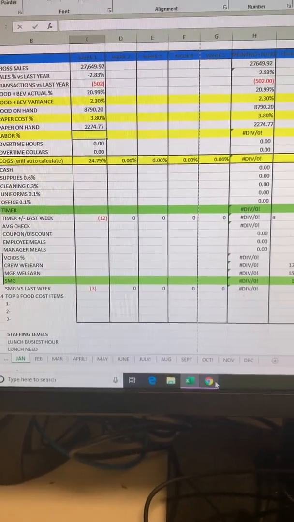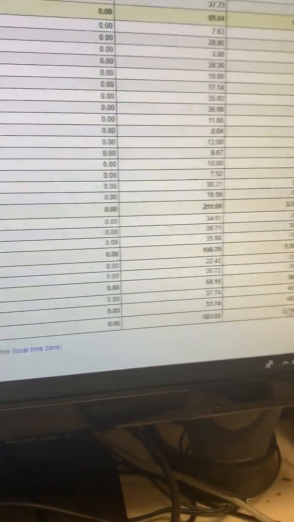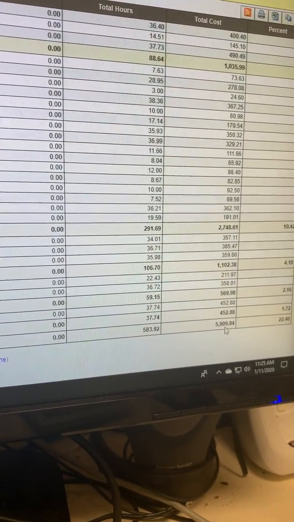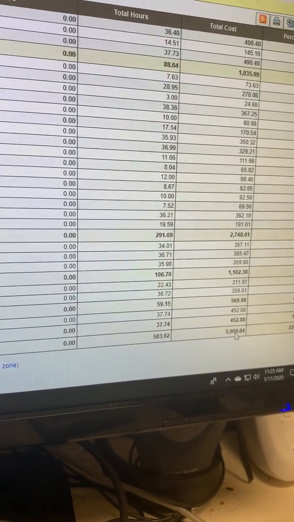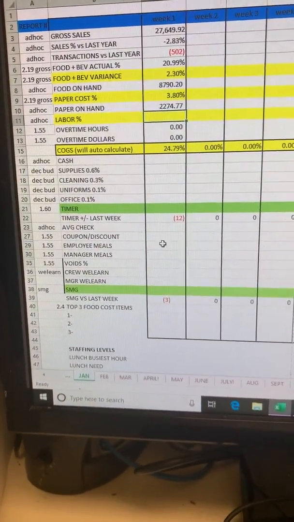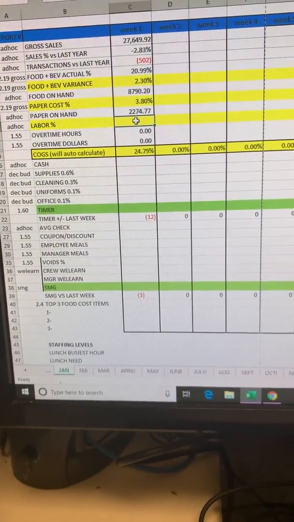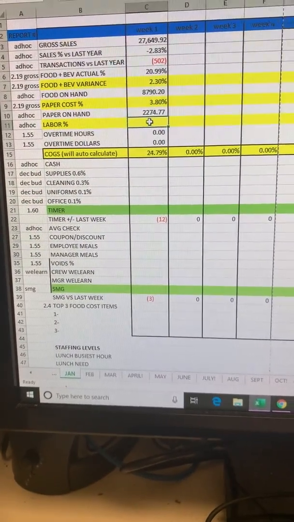Okay, but to find your labor percent, we're gonna come back here. This is your total amount for employees. So we're gonna take the 5909. You add in your manager dollars. Obviously, you all have a different manager dollar. If you do not know what your manager dollar is, you need to let me know right away and I can figure it out for you very, very quick.